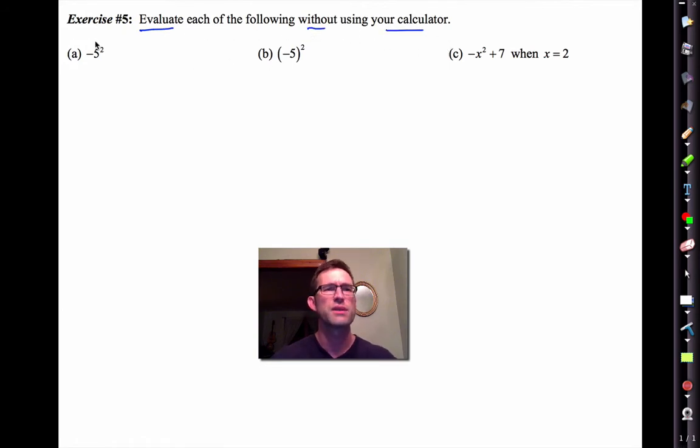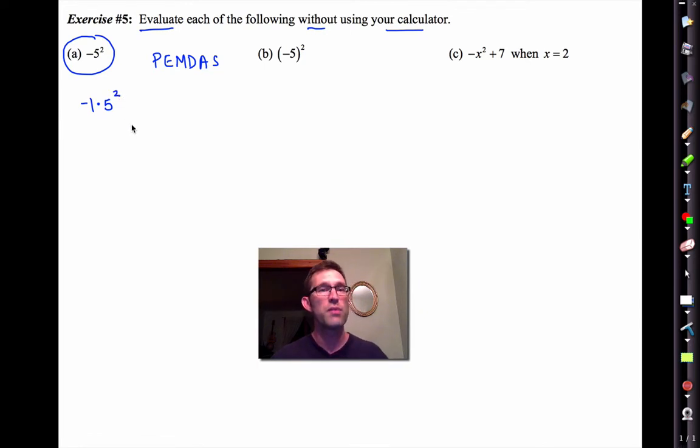So for instance, here I've got what appears to be negative 5 squared. And I think most people would say, well, negative 5 squared is positive 25, right? It's negative 5 times negative 5. Unfortunately, again, when we think about our order of operations, we really have to look at this as negative 1 times 5 squared, right?